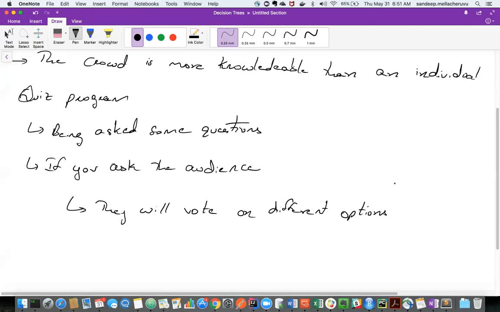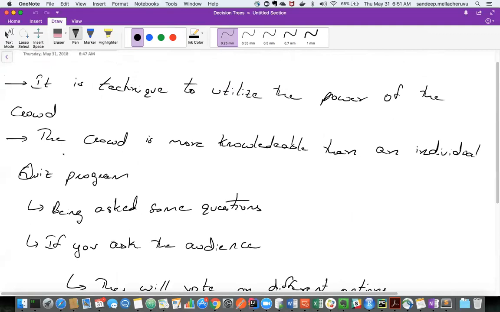And it's not random that it's always happening the same way. It's not just by sheer luck that the crowd is always going to answer correctly. It is because of this particular interesting point that the crowd is always more knowledgeable than an individual.